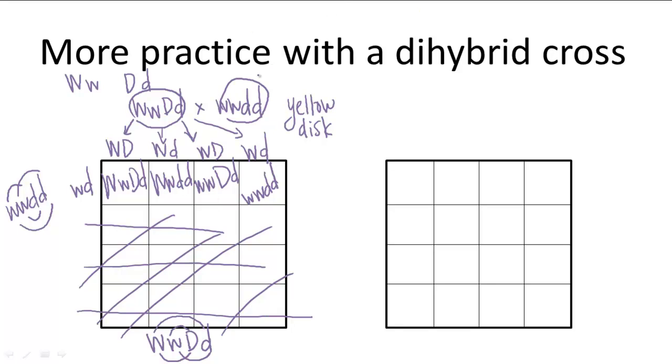You're looking for yellow disc-shaped. So yellow is little w, and disc-shaped is big D. So here we have yellow disc-shaped fruit.